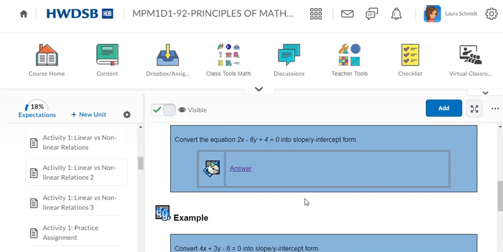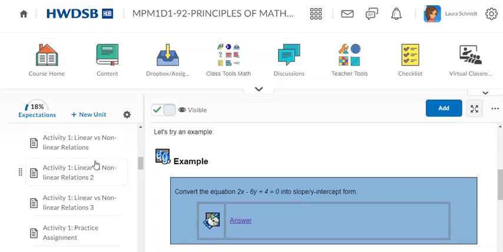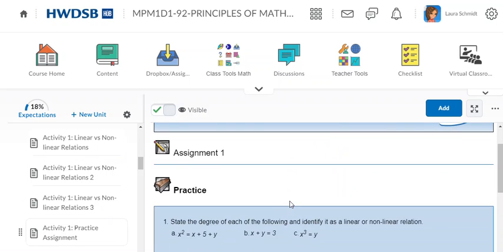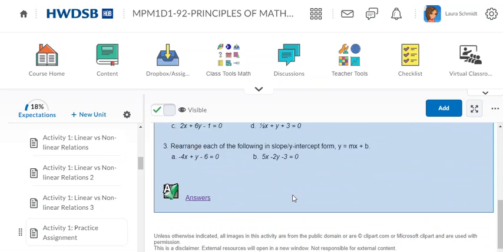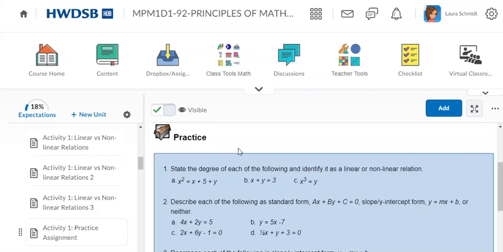Since we're not actually starting Unit 3 content till tomorrow, Activity 1 will be your tomorrow and Friday, to get through. Then there's a practice assignment to see if you can rearrange equations, identify the slope and y-intercept, and whether things are linear or nonlinear.